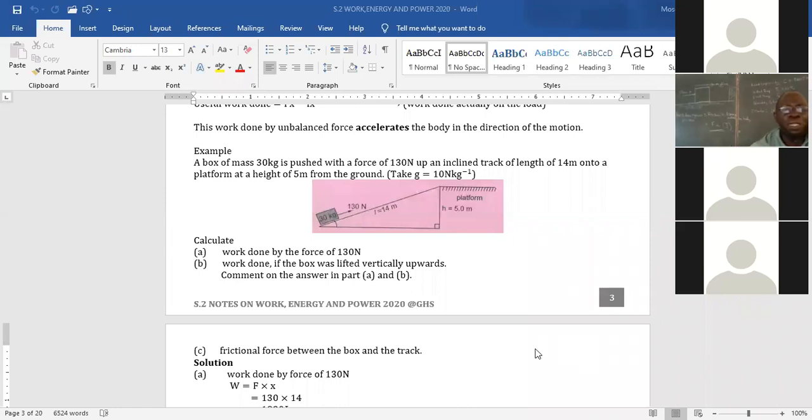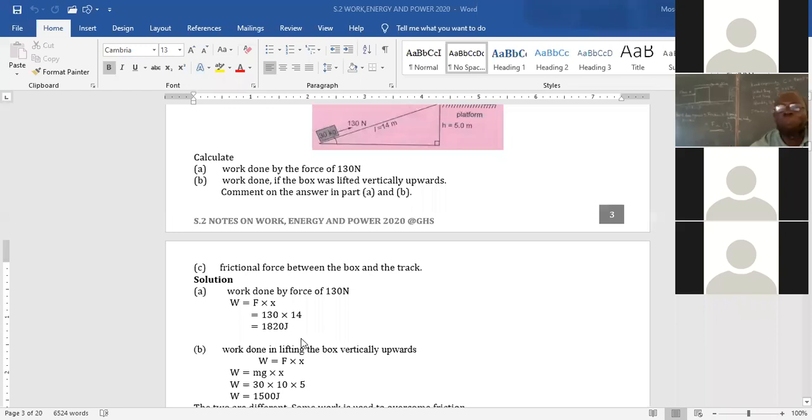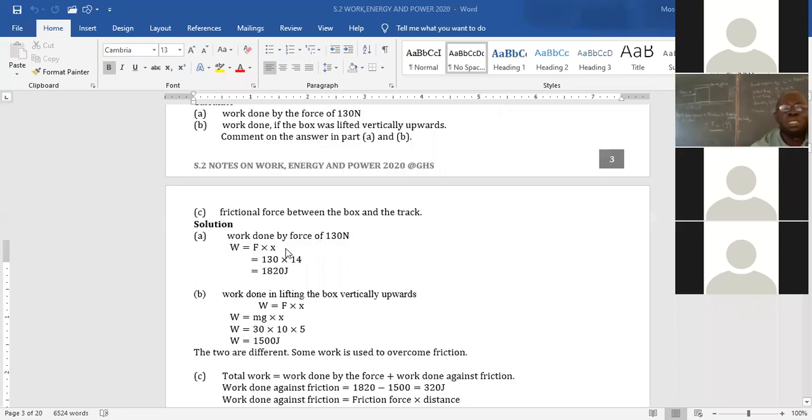So how do we get the work input? Work is obtained as a product of force and distance moved. So what is our work input? 1,820 joules. That is our work input.